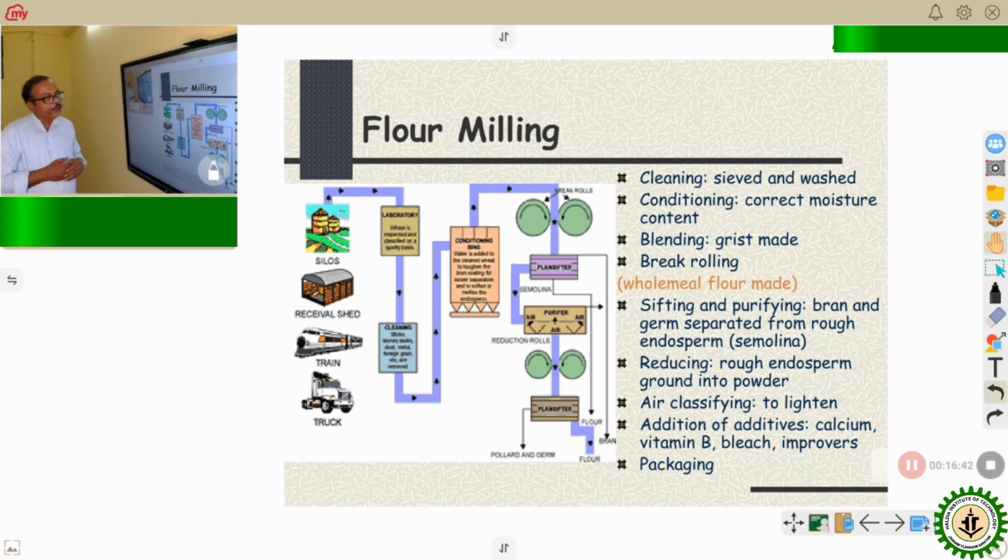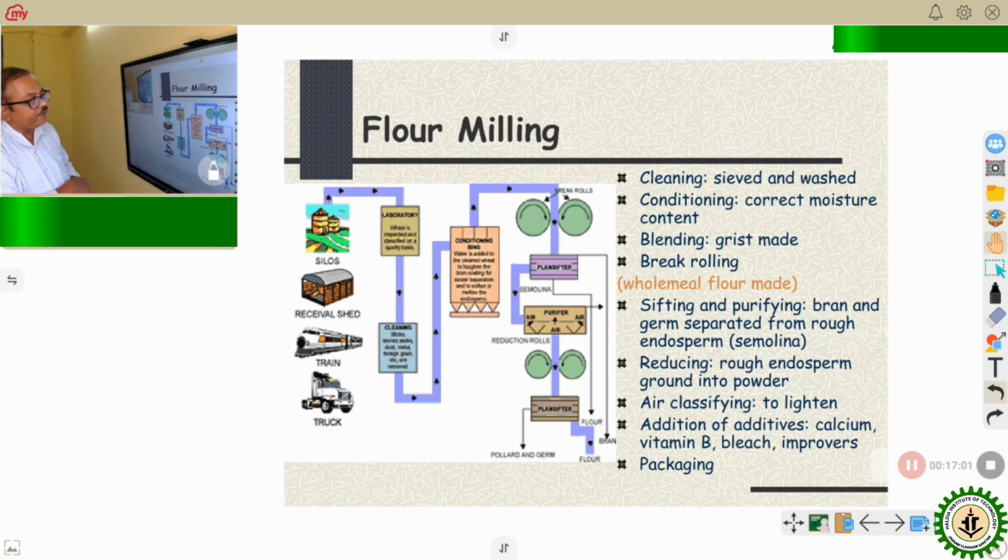One is the magnetic cleaner. That means a magnet is there where the metals, etc., are separated. This is the first operation done, because if bigger pieces of metal are there, they will damage the milling devices at a later stage.